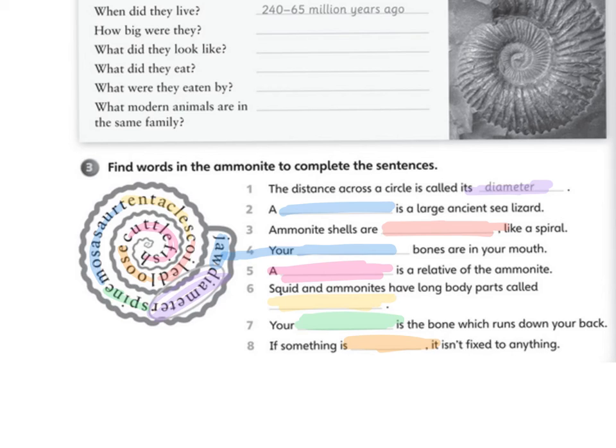Again, new words. Jaw, mandíbula. Diameter, diámetro. Spine, columna vertebral. Mosasaur, mosasauro. Tentacles, tentáculos. Coiled, enroscado. Loose, aguado o suelto. Cuttlefish. Well, that animal is called sepia. Do you know what it looks like? Oh, no idea.